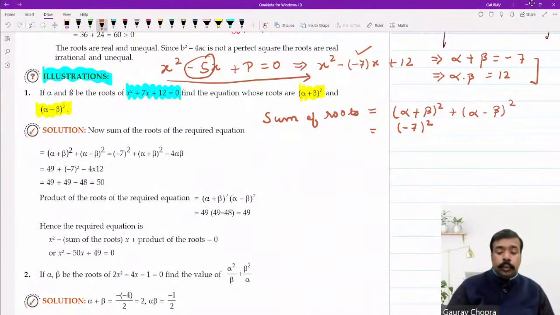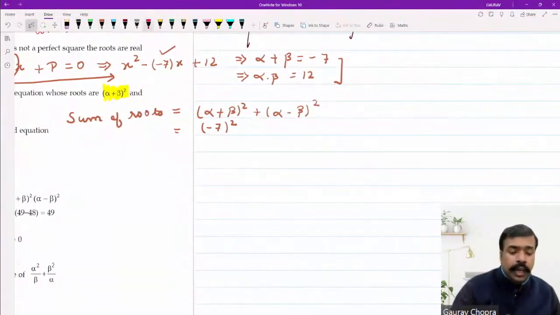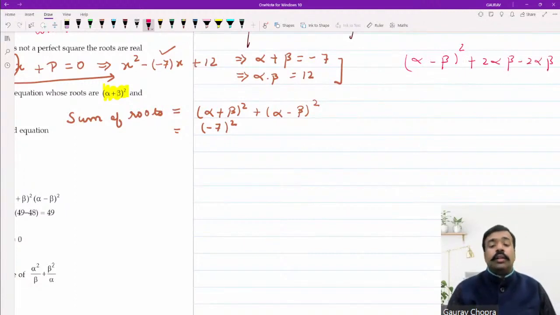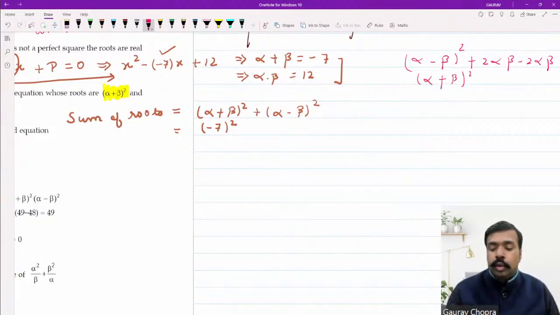So what we can do, we can apply one formula which says alpha minus beta whole square. We add 2 alpha beta and we subtract 2 alpha beta. While doing this, it will become alpha plus beta whole square minus 4 alpha beta.